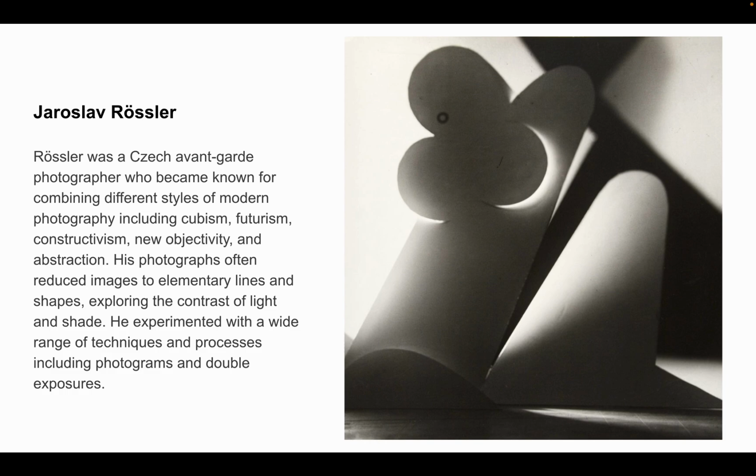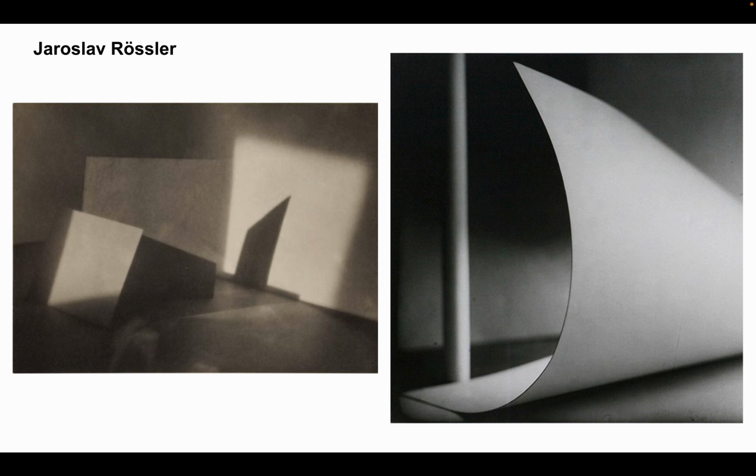So, depending on how he lit his paper, he would have these very dark shadows along with those brighter whites. He also kind of delved into a lot of different techniques, including photograms and double exposure, where he would use multiple images to create one. A few more examples of his.